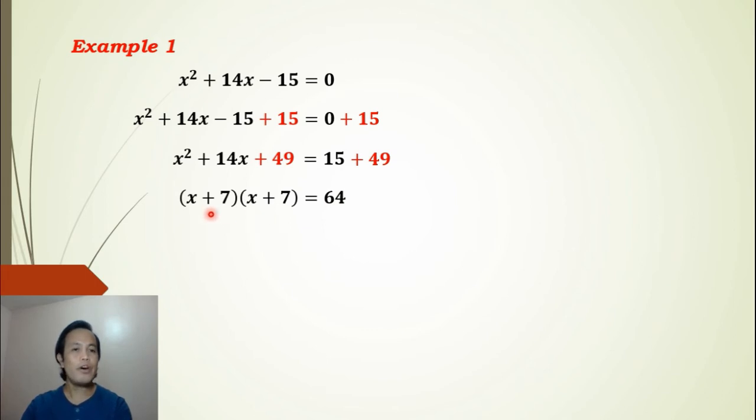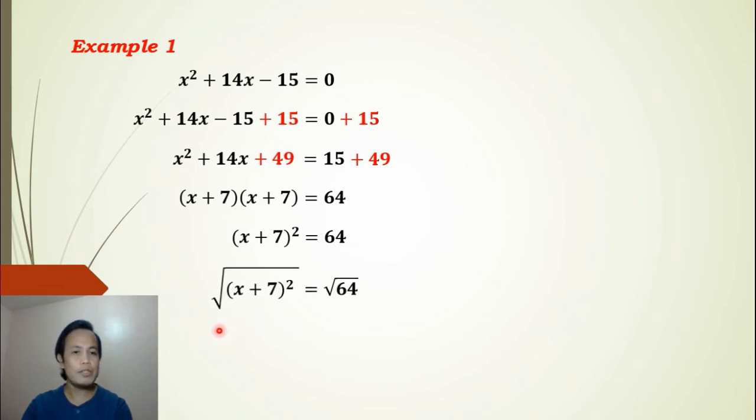Now, since both are the same, x plus 7 times x plus 7, this can also be written as x plus 7 quantity squared. Of course, we copy 64. Now, we extract the square root since we have there the square. To eliminate this one, we need to extract square root at the left side of the equation and also extract square root at the right side of the equation.